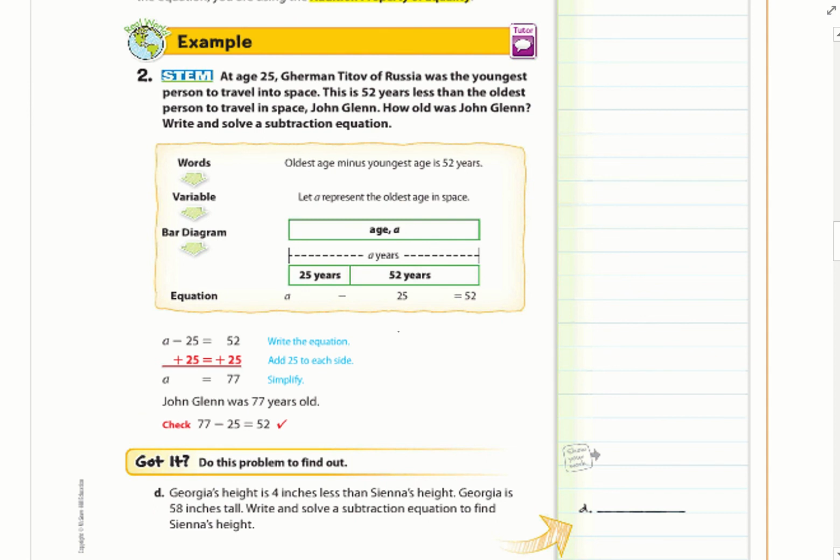So if we have the age of John Glenn, and German Titov was 52 years younger, if we add 52 to both sides, we are going to get the age.